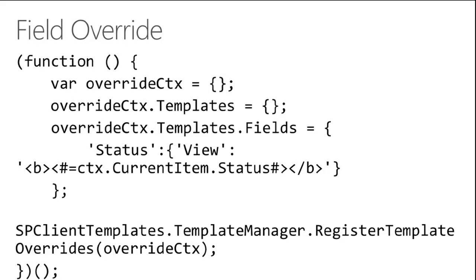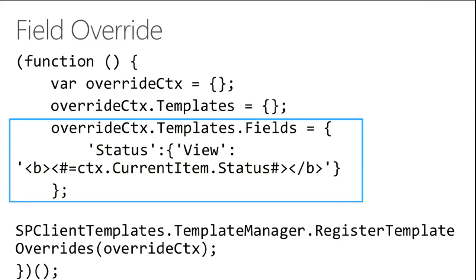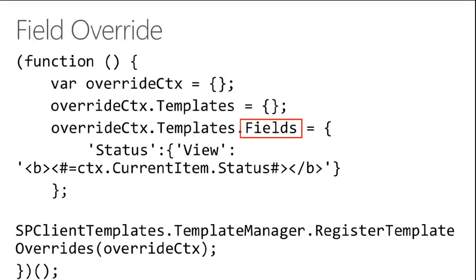So I've created a JavaScript file. For this example, that's all of the code in that JavaScript. You've got a lot of boilerplate stuff. For our particular example, this is the piece that's doing all the work. I'm overriding the field. So I've decided I want a single field that I want to tweak. I'm identifying the name of that column. Now this needs to be the internal name.